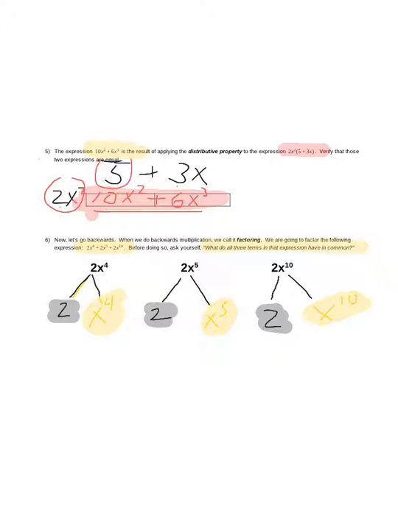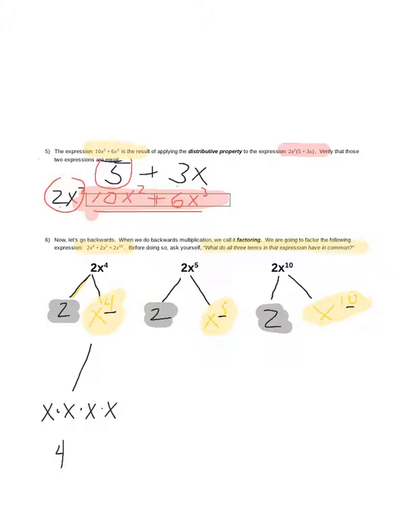But if you notice as well, the numbers up top are different. So what do those mean? Well, x to the 4th is simply x times x times x times x. It is x times itself 4 times.